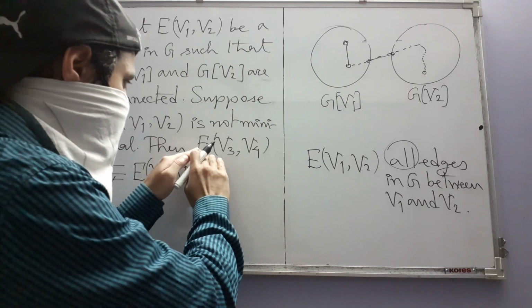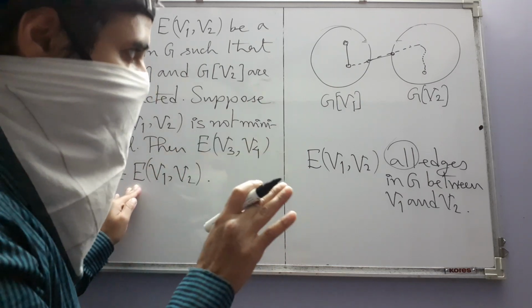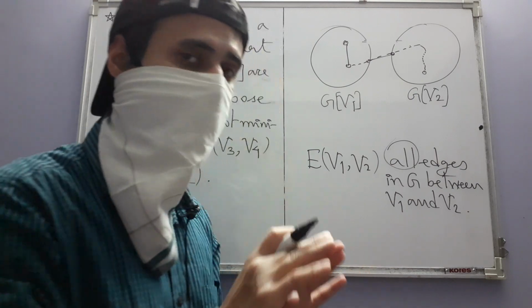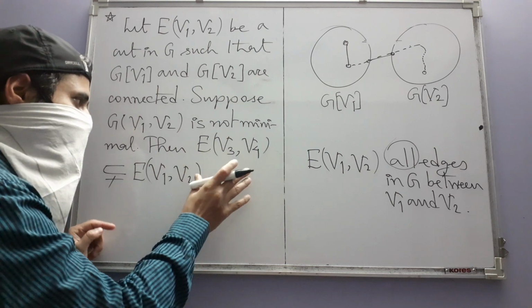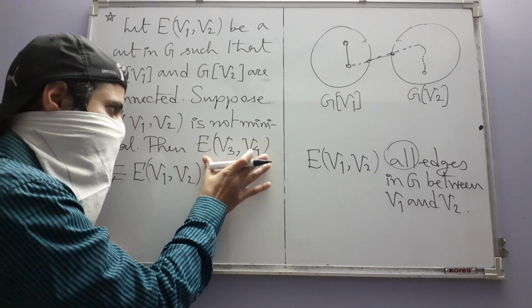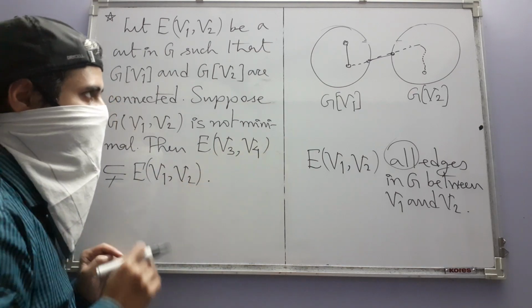So that's why you cannot have one such subset which is properly contained in this, and because you keep in mind that we are dealing with finite graphs, this kind of proper containment means that the number of edges in this set should be strictly less than the number of edges in this set.